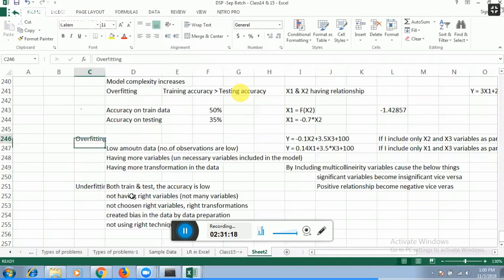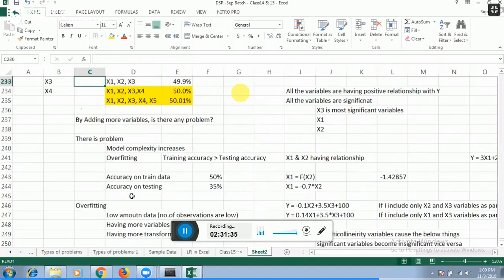More important is the overfitting problem. The reason is, if you are getting a very good accuracy on the training data, but you are not getting good accuracy on the test data, how will you be confident in the model? You cannot be confident in the model. That means the model is not going to work on the new data. So that is the reason you need to take care of this overfitting scenario.